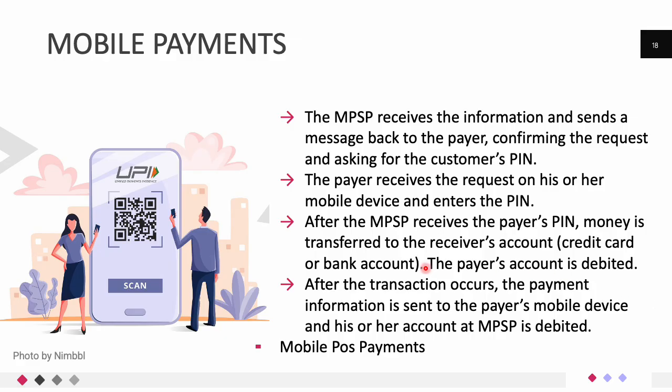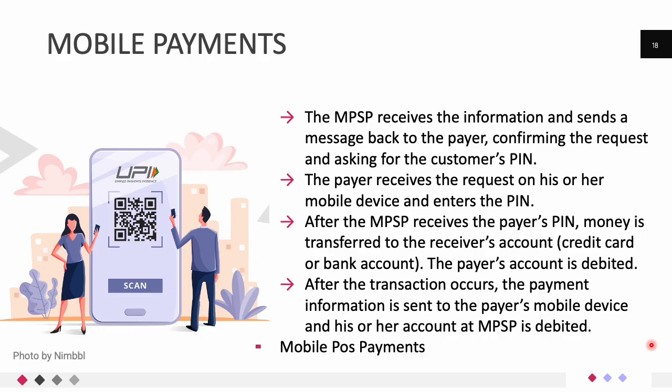So after the MPSP receives and verifies your PIN, the actual money transfer begins. They move the money from your linked account, whether that's your credit card or bank account, into the receiver's account. Okay?